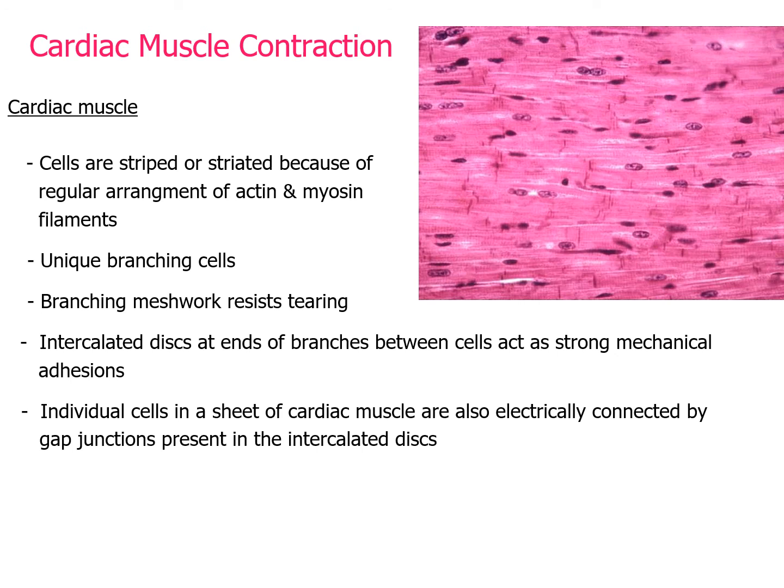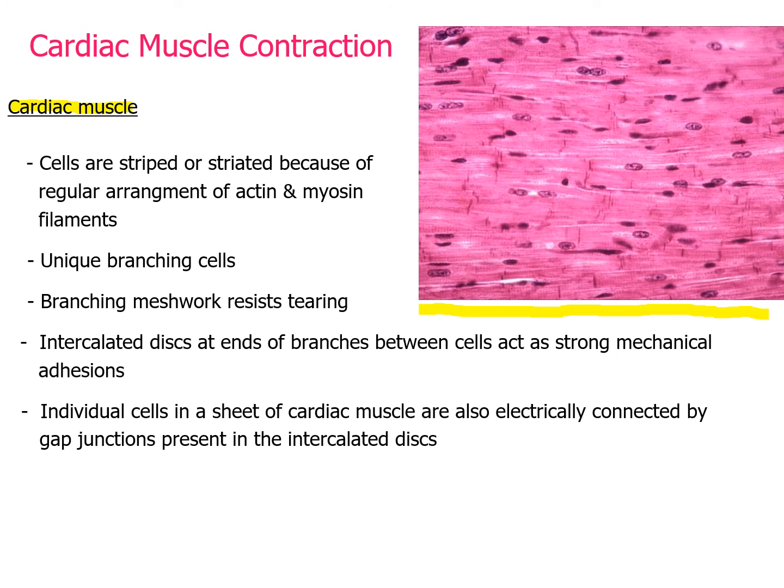Now the other type of muscle, and we've done this in cardiovascular physiology when we talked about the heart, the third kind of muscle is cardiac muscle tissue. These cells are striped, although it's not that easy to see it in this photomicrograph, but there are striations, again because of the regular arrangement of the thick and thin filaments made of actin and myosin.